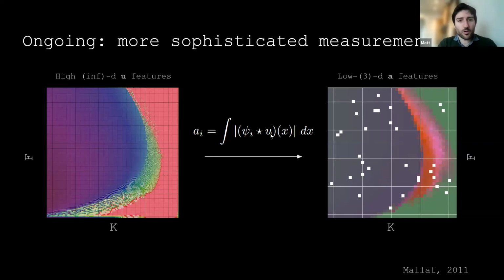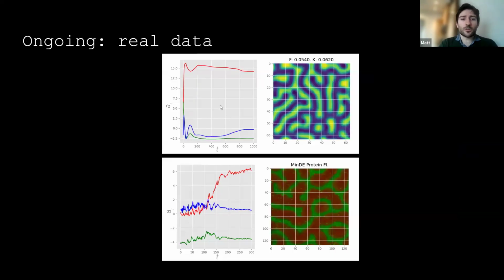Just by empirical observation, we can start looking at how those coefficients A, B behave in time for synthetic data on Gray-Scott. This is the true measurement data, A, as it evolves in time. So we have the trace of one measurement in time, A1 in red, and similarly for A2 and A3.